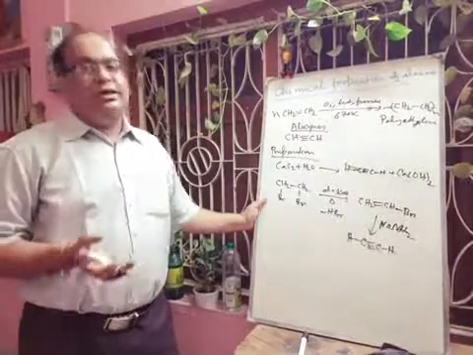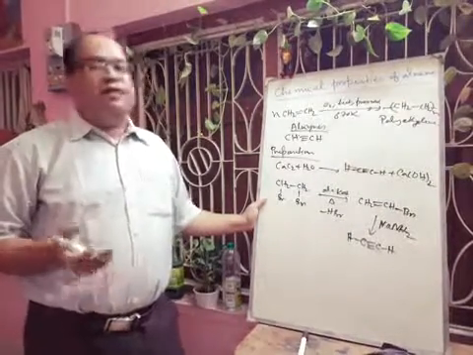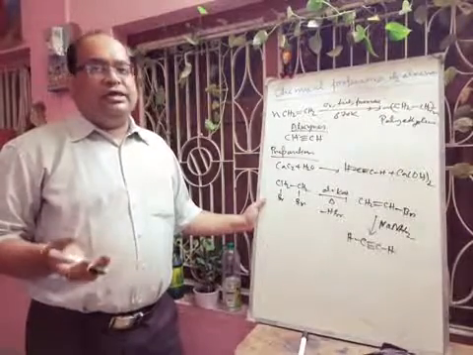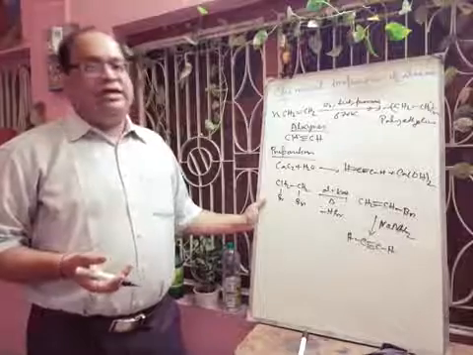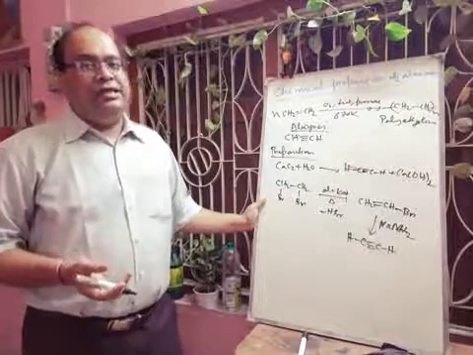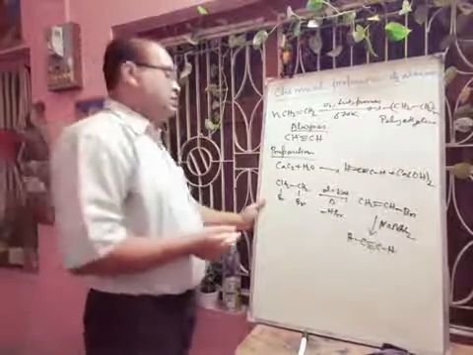Other methods are there, like if you take methane gas in oxygen and if you apply heat around 1700 Kelvin, then you will also prepare acetylene. Another process: in case of 1,1,2,2-tetrabromoethane, if you heat with zinc metal, then also there will be formation of acetylene compound.